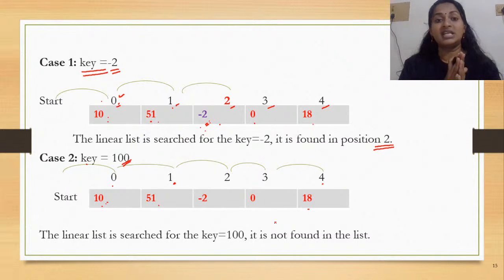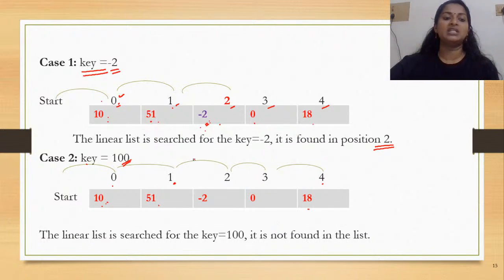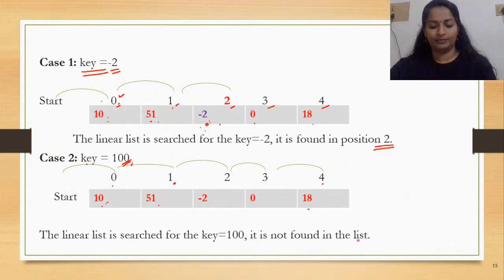I have traversed the entire list. Now, after traversing the entire list, what is the conclusion? You did not find an element with the value 100 inside your list. So the conclusion is the search is unsuccessful, or the key value is not found inside the linear list. Is the idea clear?